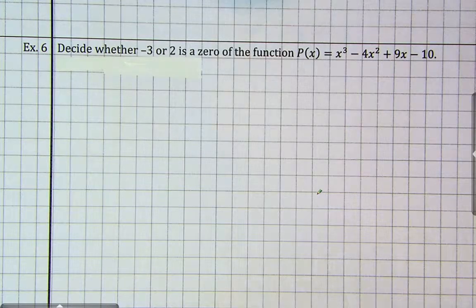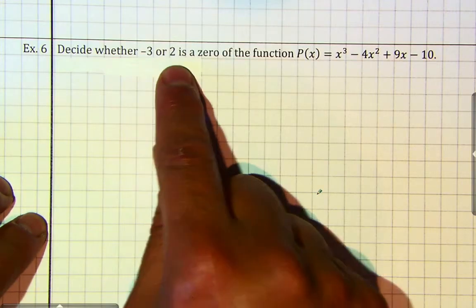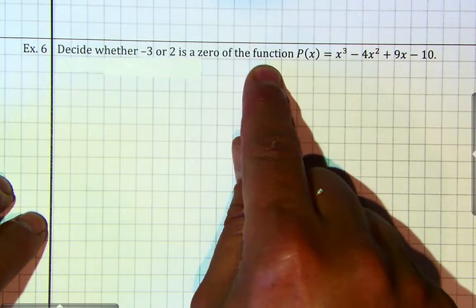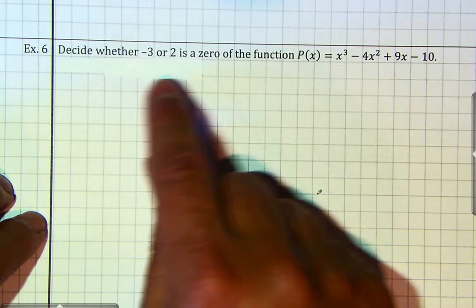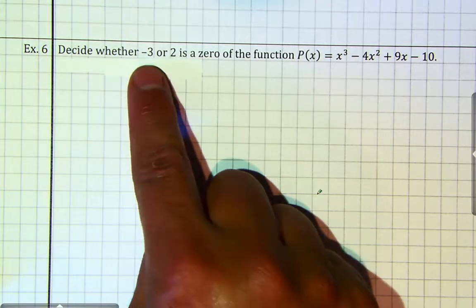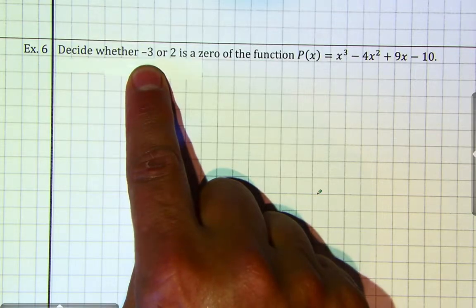So example number 6. Decide whether -3 or 2 is the zero of the function. So we have the following function. How can we decide if -3 is a zero? Correct.